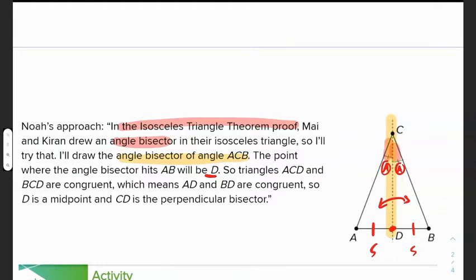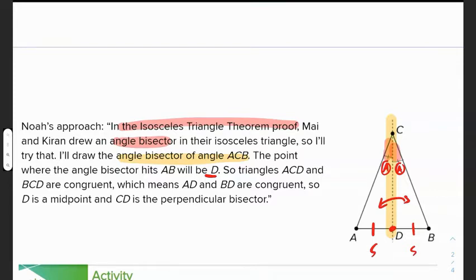Okay, let me read that again because I'm trying to understand what he's saying here. He does have his angle bisector, and the point where the angle bisector hits AB will be point D. So how is he making these triangles? How does he know that these two triangles are congruent? That would be my question to him.